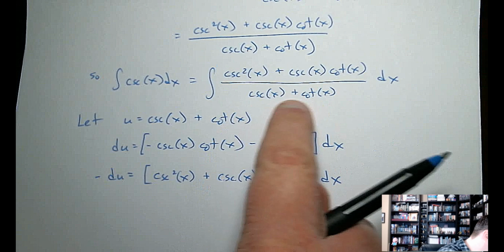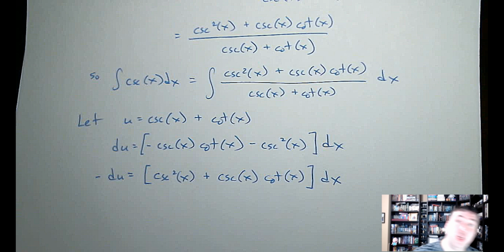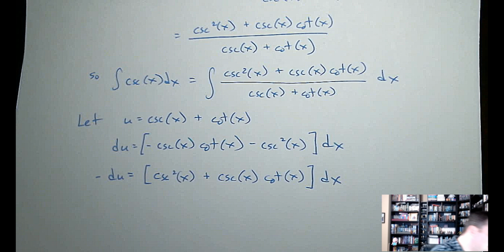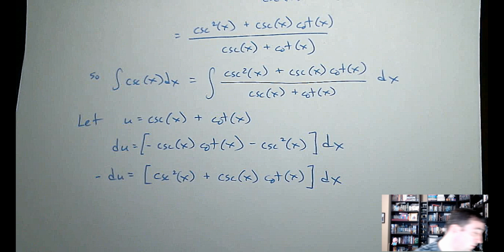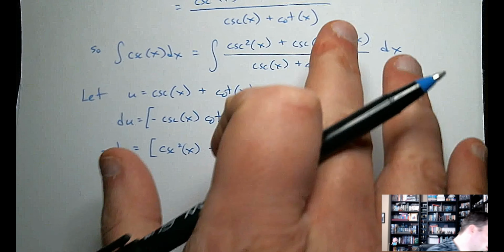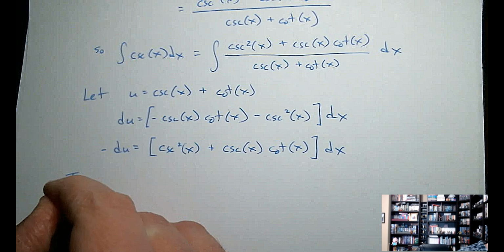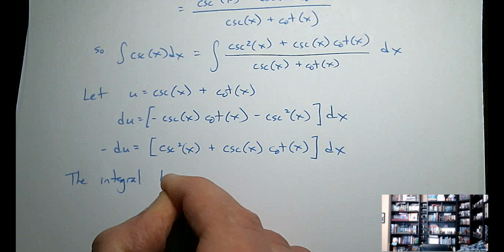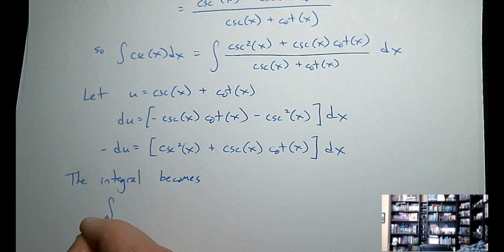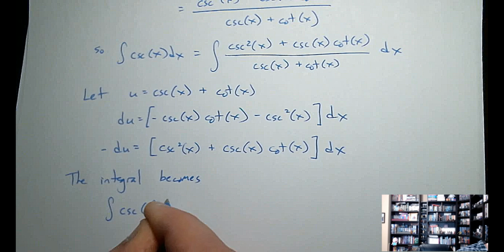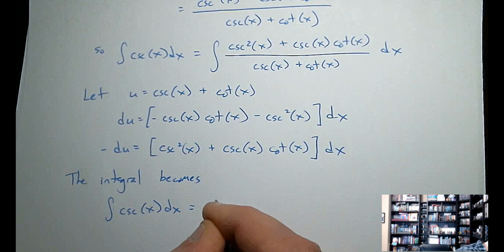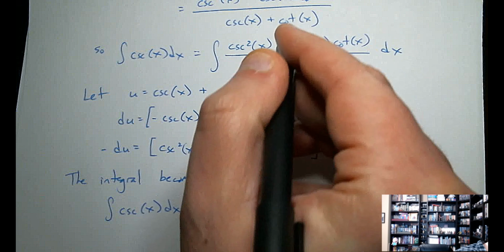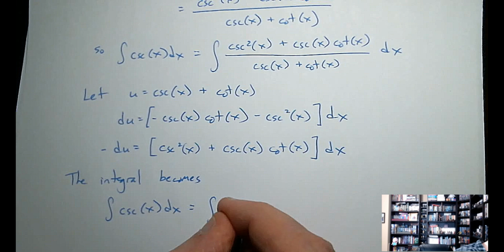So that means that the denominator here is our choice for u, and that whole big numerator times dx, all of that simply becomes negative du. So all of a sudden, that gets a lot simpler. So now the integral of cosecant x is going to be the integral of, and that's just u, and all of that becomes negative du.